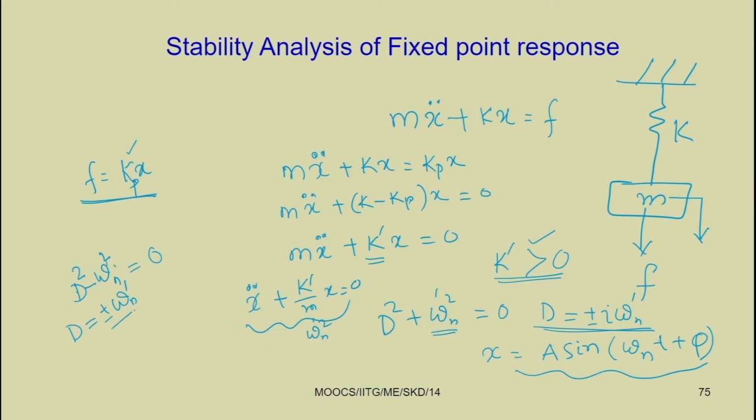So, here the solution will be x equal to a e to the power omega n dash t plus b e to the power minus omega n dash t. So, the first term is a e to the power omega n dash t. As t tends to infinity, this term will tend to infinity and the second term will tend to 0.